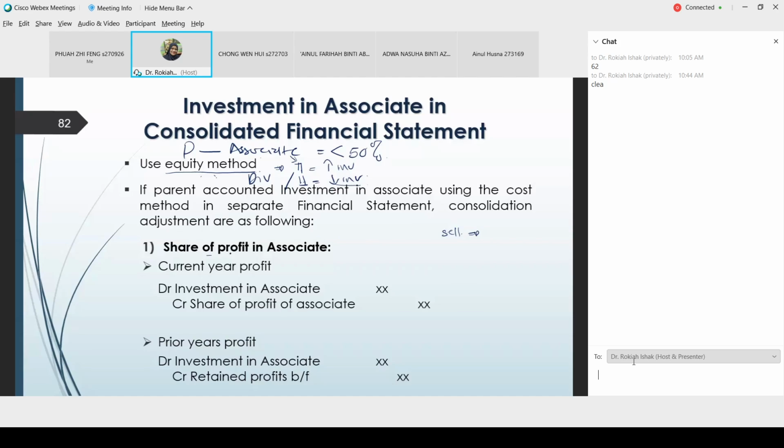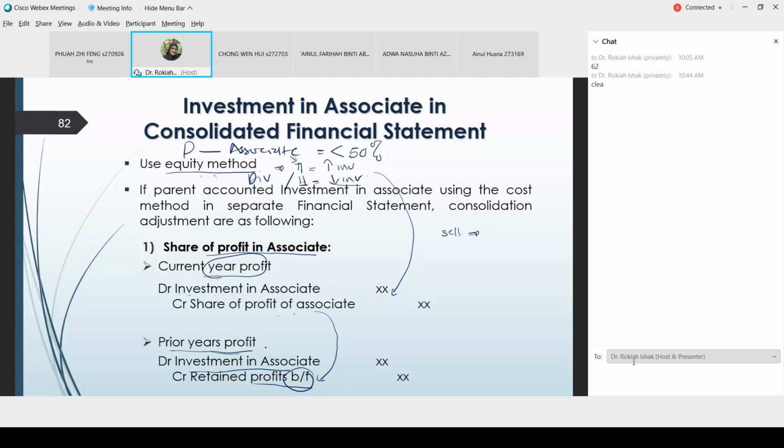Okay, the first one is the share of profit. We said that the share of profit here is going to increase the investment. So if there is a share of profit in the current year, debit investment in associate, credit share of profit in associate. In a prior year, we're still using investment in associate, but this time the share of profit becomes retained profit brought forward.